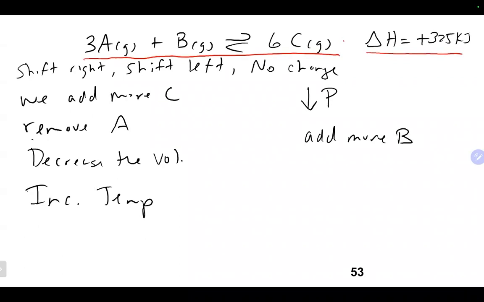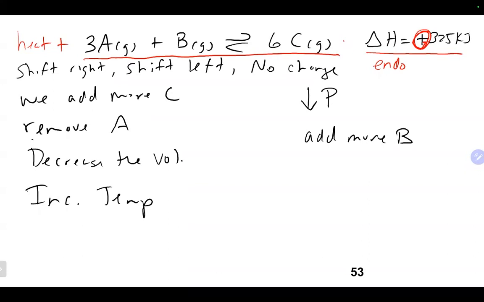Is this reaction endothermic or exothermic? It is endothermic because it is positive, and that's all you're really concerned about there. That means when we think about heat and energy, it should be a reactant, so it would be on our reactant side. I think we have everything we need to roll through these.